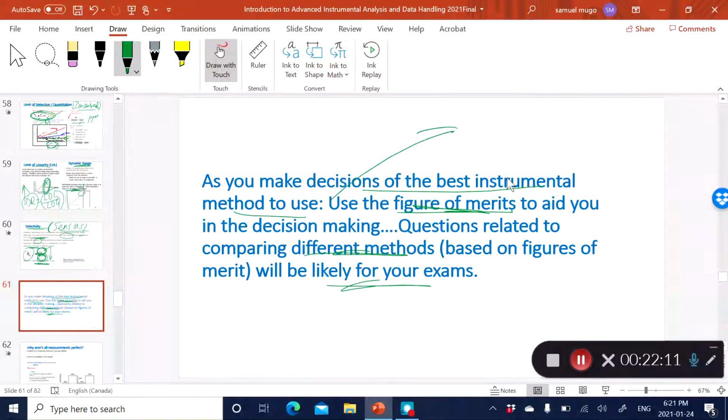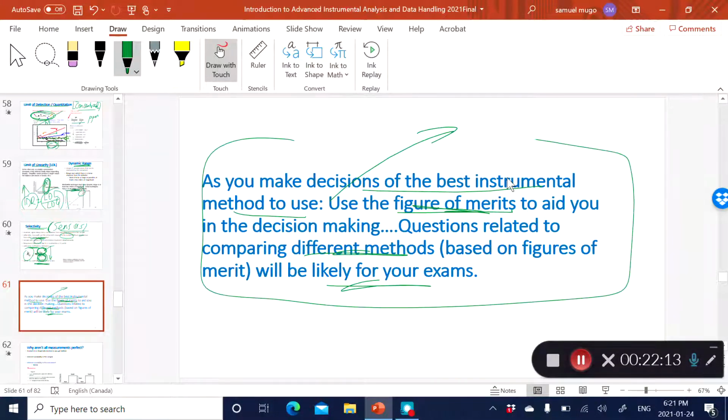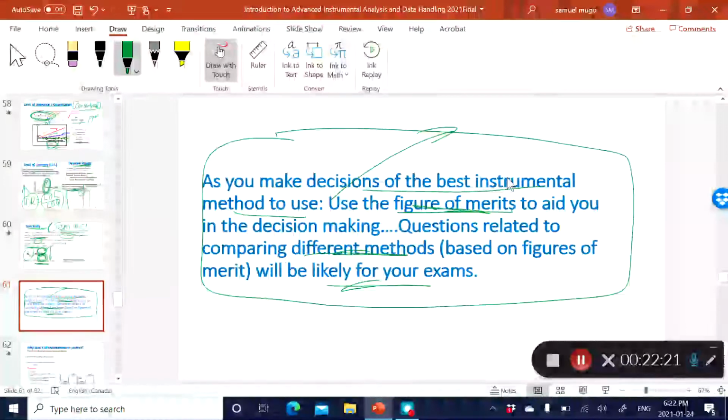But in industry, it's very important to understand the figures of merit of different instruments, because they help you make a decision or recommend which is the best instrument to use for a certain type of problem.